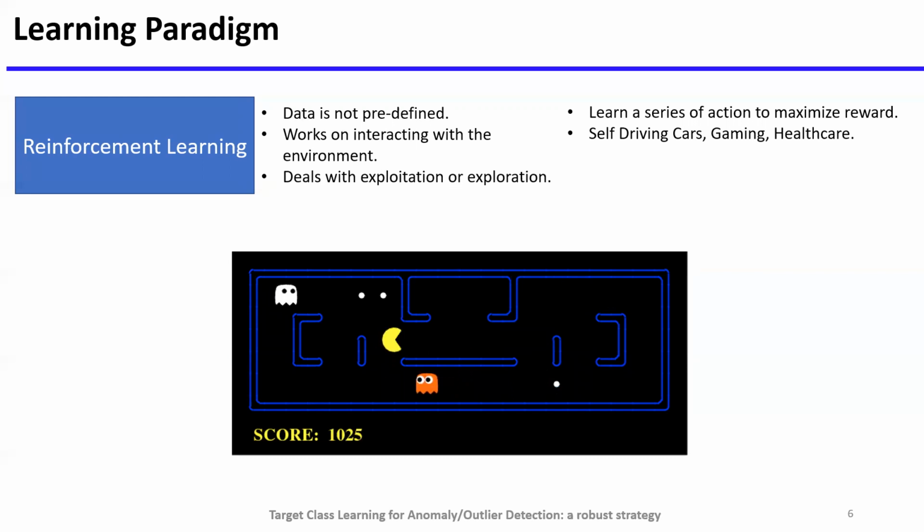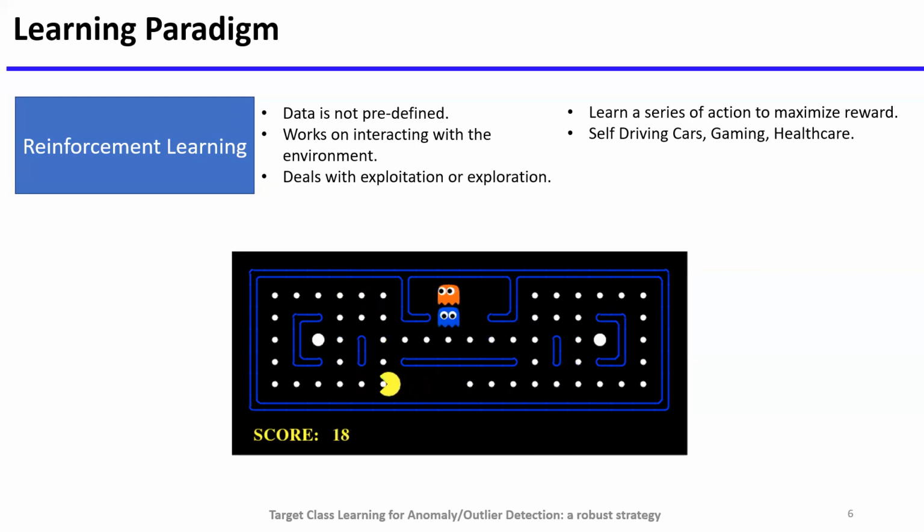So here we are not only exploiting the existing system but also exploring the existing system so that we can learn something useful and discard whatever we find is not useful. So basically here we are learning a series of actions to maximize the reward.